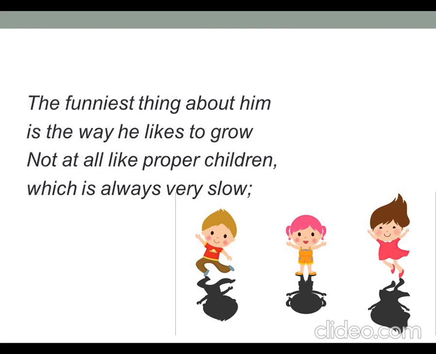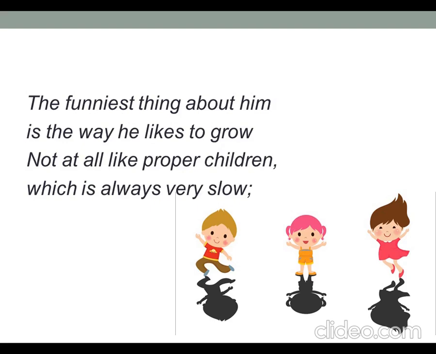The funniest thing about him is the way he likes to grow, not at all like proper children, which is always very slow. Now, you know how shadows work. If you are near the source of light, your shadow will be cast long, and if you are away, it will get smaller. Or during daytime, if the sun is just above your head, your shadow will be almost just near your footsteps.